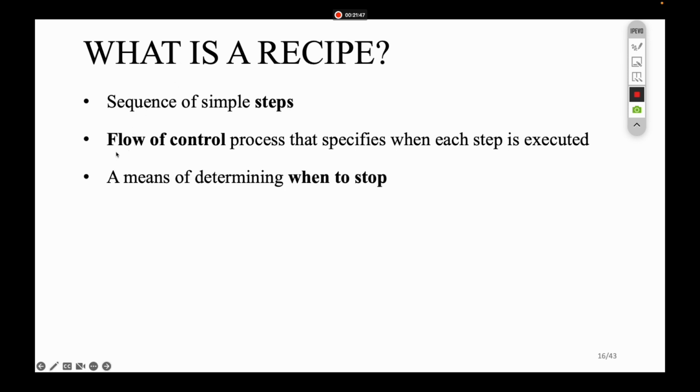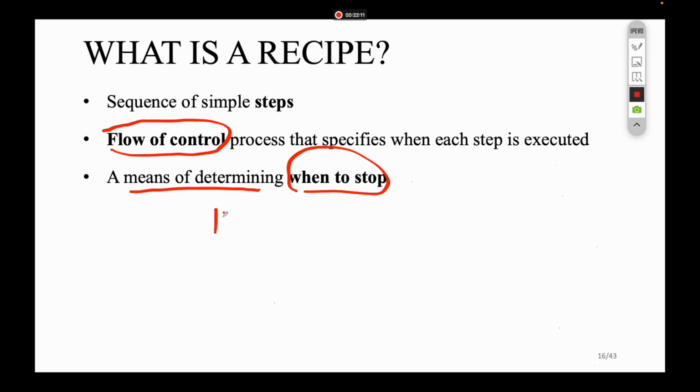The next one is flow control. What does flow control mean? We are going to learn that in the next lectures, so don't worry. And the final one is you need to know when your program will stop.